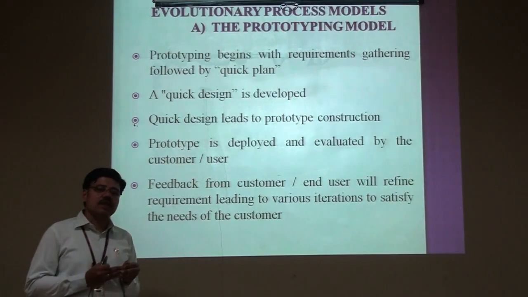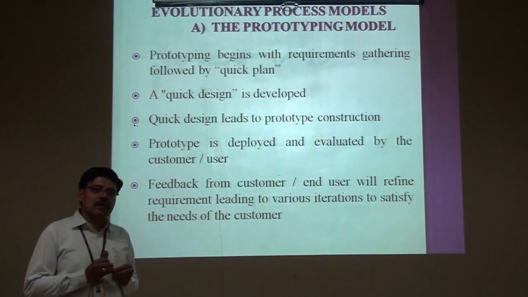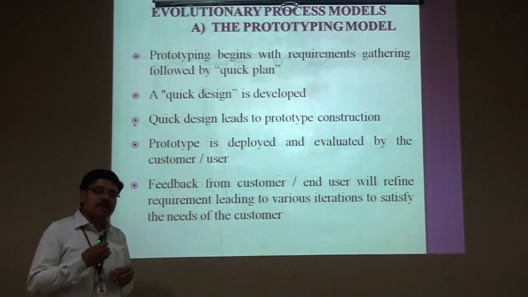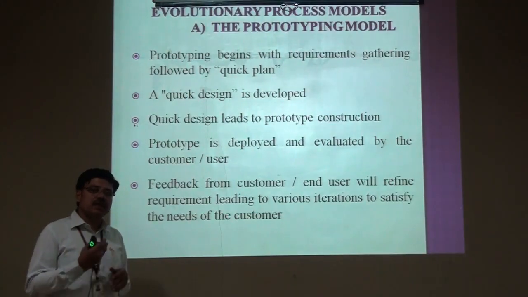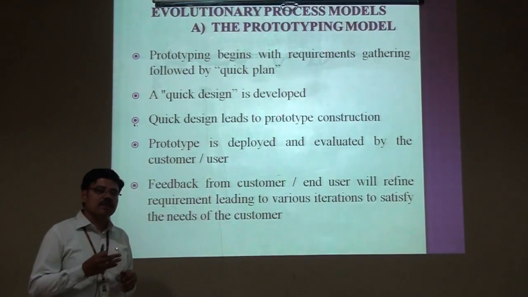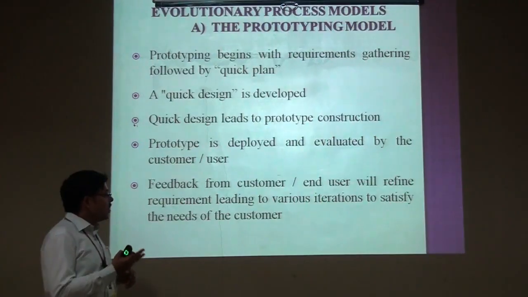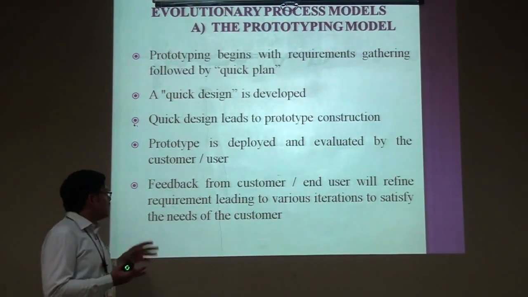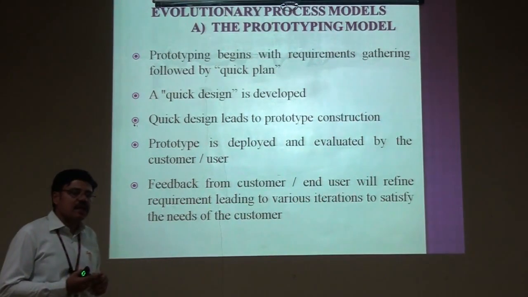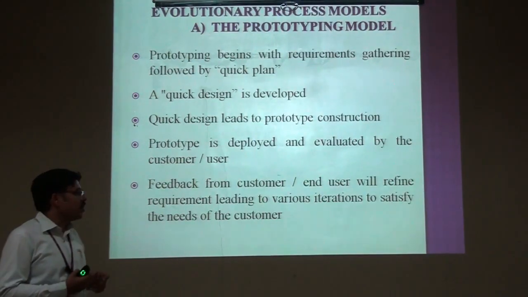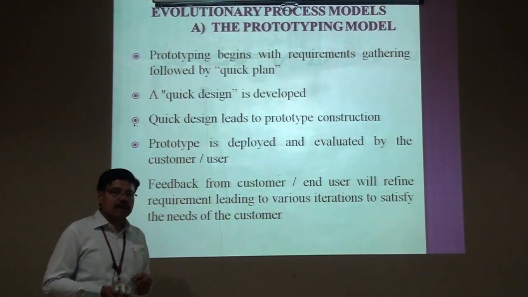This prototype is going to be the initial operable model, which will be given to the customer. Based upon the customer feedback, new changes can be incorporated in the software development process in order to come out with the final product. So the prototype is deployed and evaluated by the customer or end user. Based upon the feedback, the changes will be incorporated in later increments, and we will come out with the final satisfiable product for the customer.